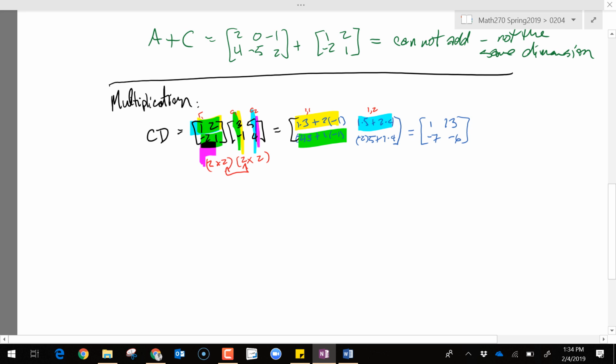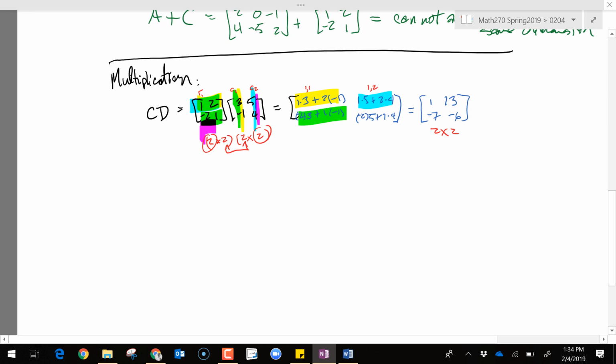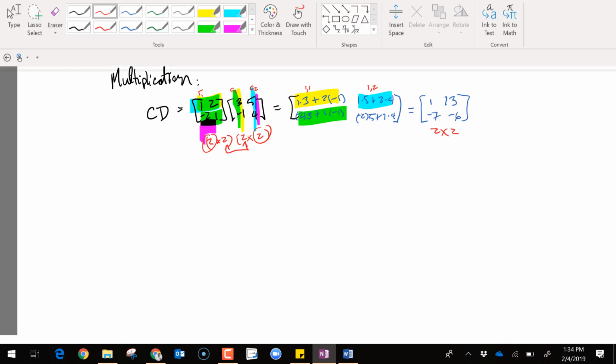Then your result here is a 2 by 2 matrix, and so that works out okay. All right. Any questions? Now let's take a look at one that we can't do.